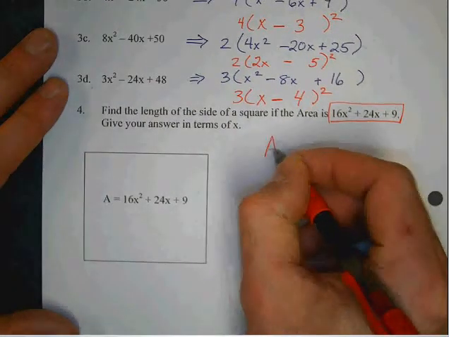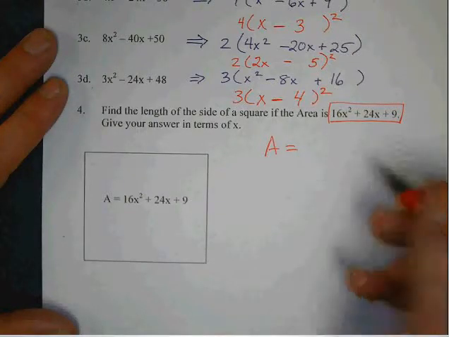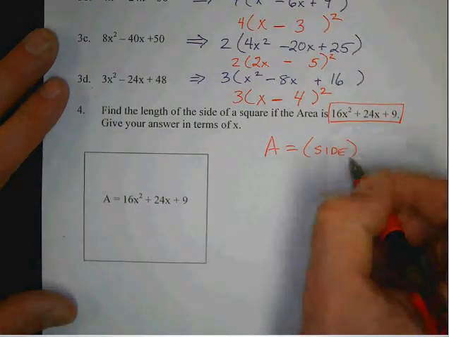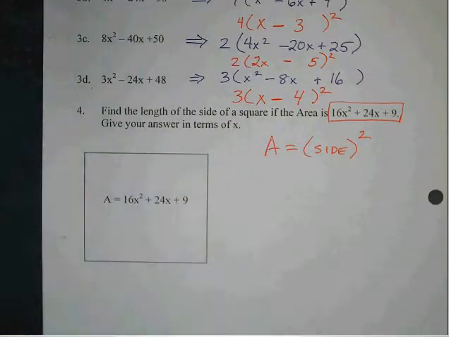What's the general formula? To find the area of a square, what do you do? Side. Isn't it side squared? Isn't that the area of a square? So, if 16x squared plus 24x plus 9 equals the area, how do I figure out the length of a side?